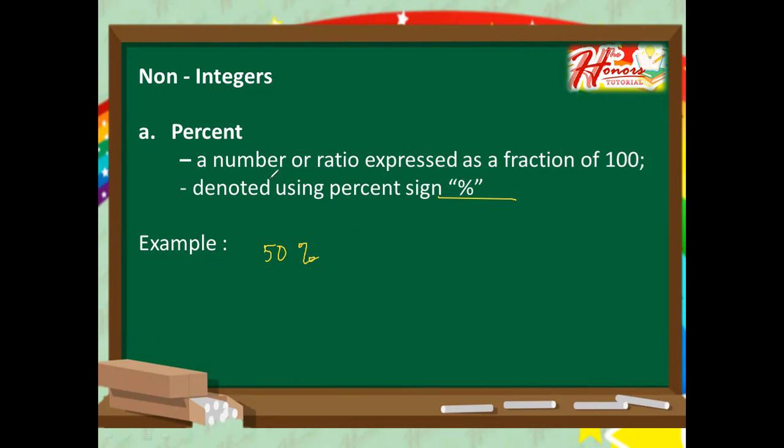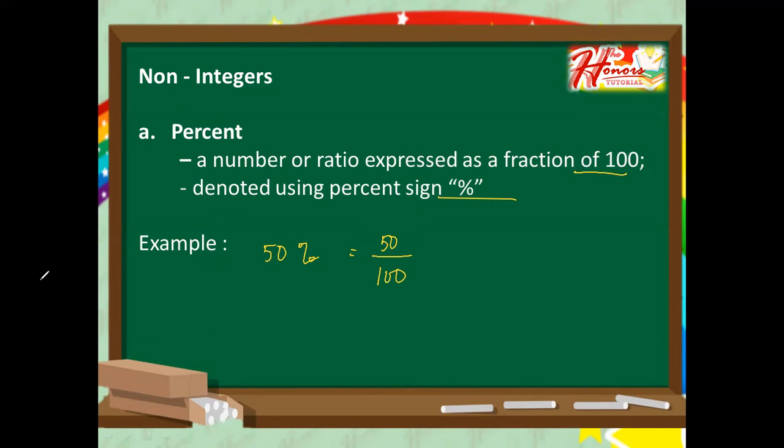So based on the definition, it can be expressed as a fraction of 100, meaning 50 per 100. Or if you want to write this as a fraction, or in the form of a over b, just write 50 over 100, since based on the definition, it is expressed as a fraction of 100. So the denominator should be 100.